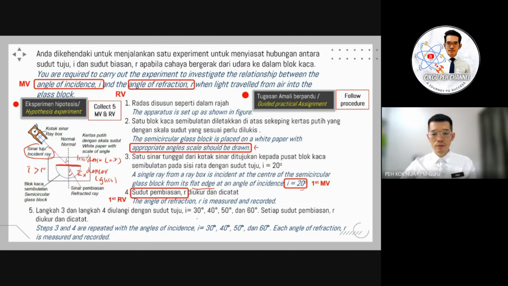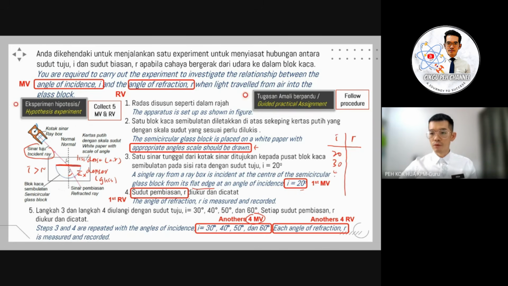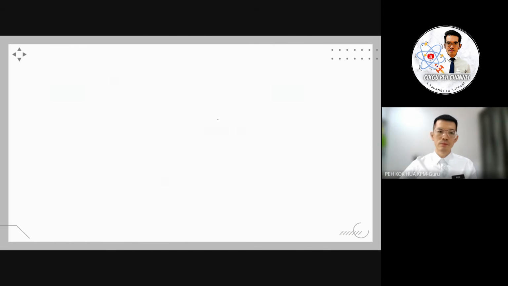Then 30, 40, 50, and 60 will be your other MVs, and each angle of refraction you have to measure will be your RV. So in total you will get 5 MV and RV. Basically, you need to draft a table like this, I and R, with 20, 30, 40, 50, and 60 before you answer your question.